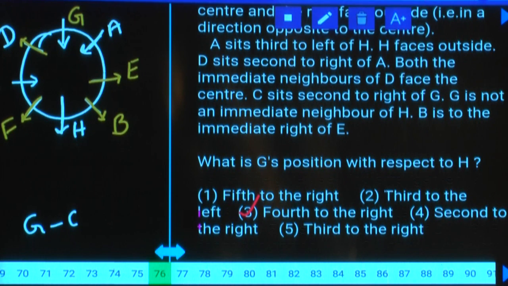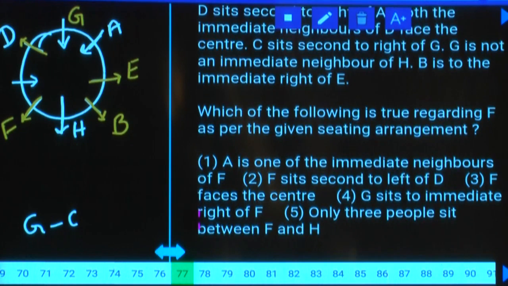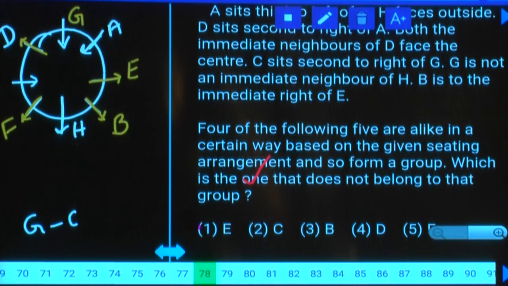Then question number 77. Which of the following is true regarding F as per the given arrangement? A is one of the immediate neighbors of F, that is ruled out, and F sits second to the left of D, that is definitely true. Choice 2 is the answer, 77. Then coming to question number 78, find the odd man out.